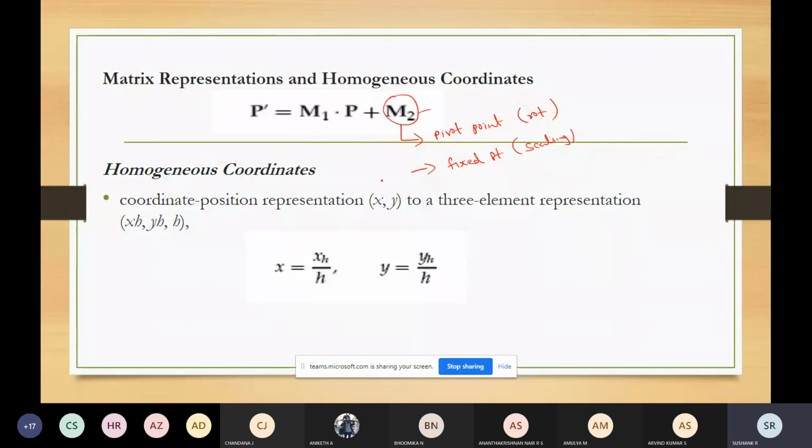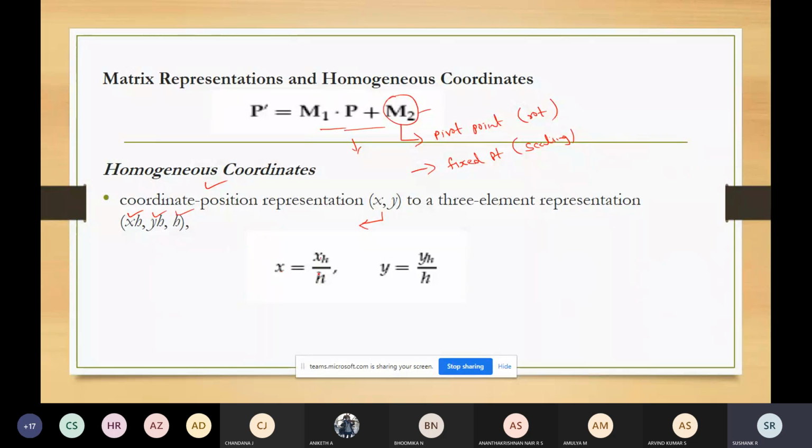So this equation can be converted. Here it is performing two separate operations, one multiplicative and one additive, and these can be merged into a single equation. If you represent the above equation in homogeneous coordinates, what is a homogeneous coordinate? You represent x comma y with a three-element representation, xh, yh, h. So x is defined by x is equal to xh by h.